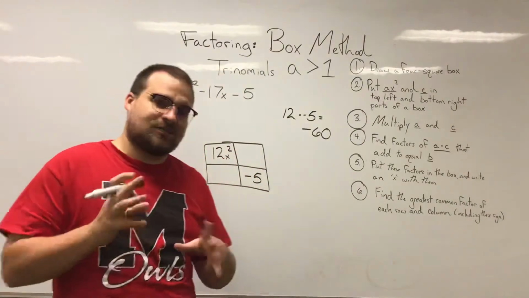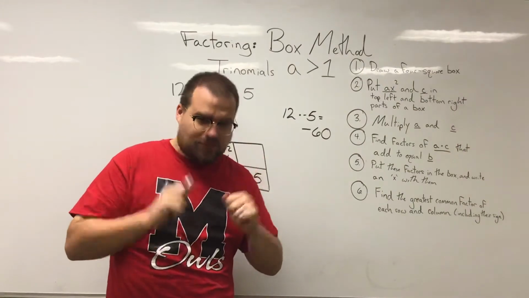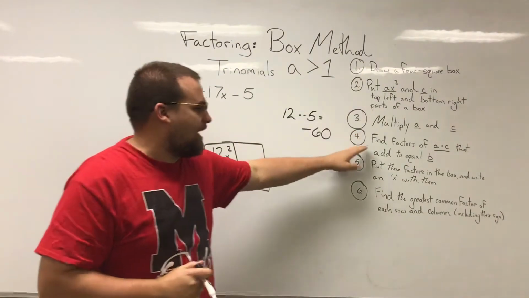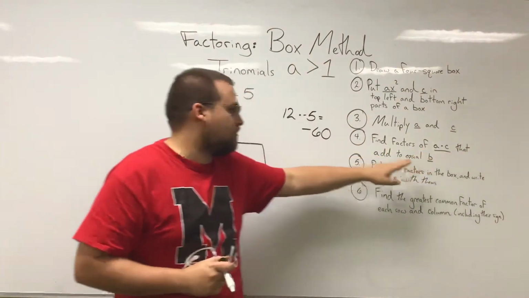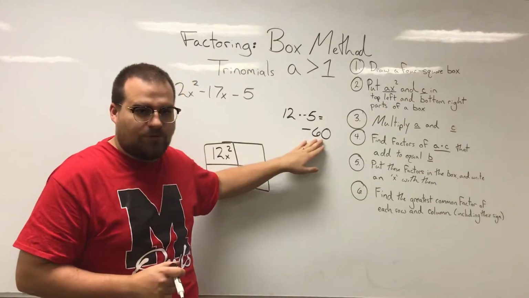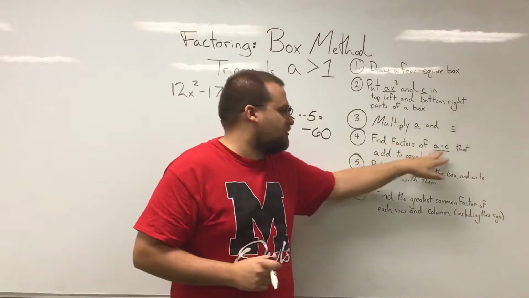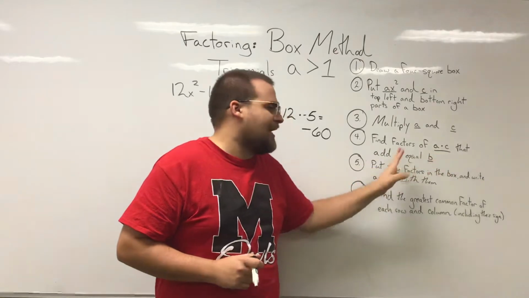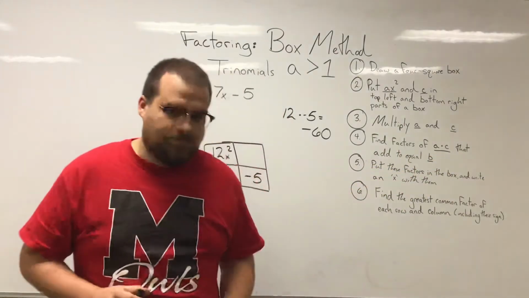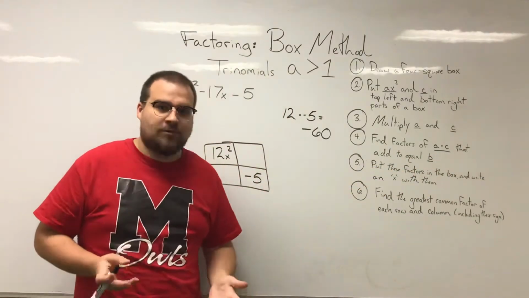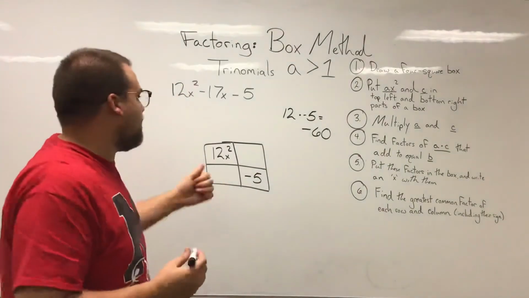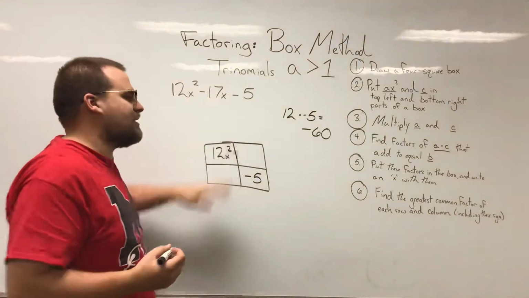Now, this is kind of the step we got to do a little thinking about. Find factors of a times c, which we already did. We found a times c. But find factors of a times c that add to equal b. Okay, so this is the tough part. b in this equation is -17.